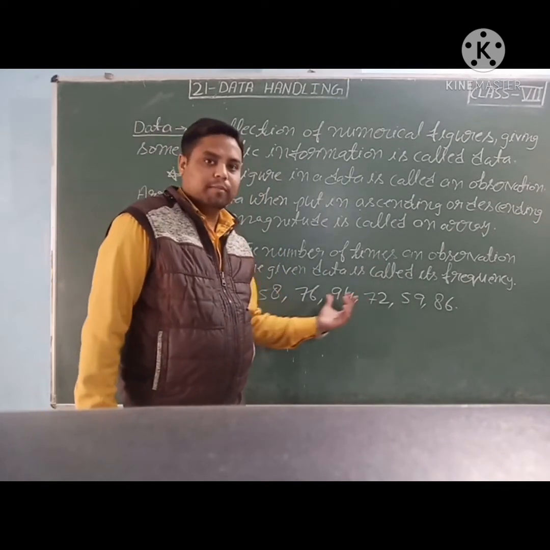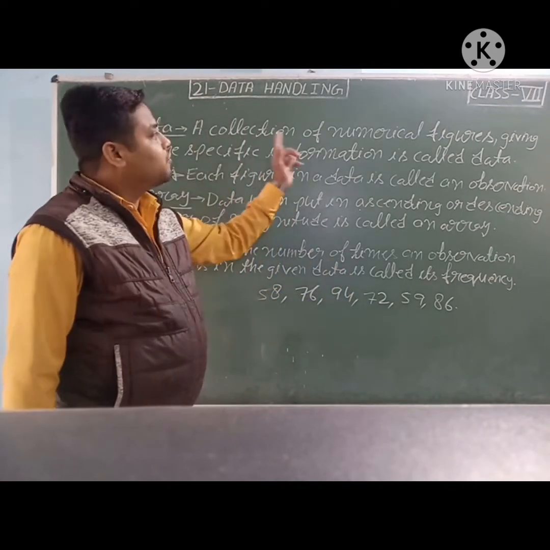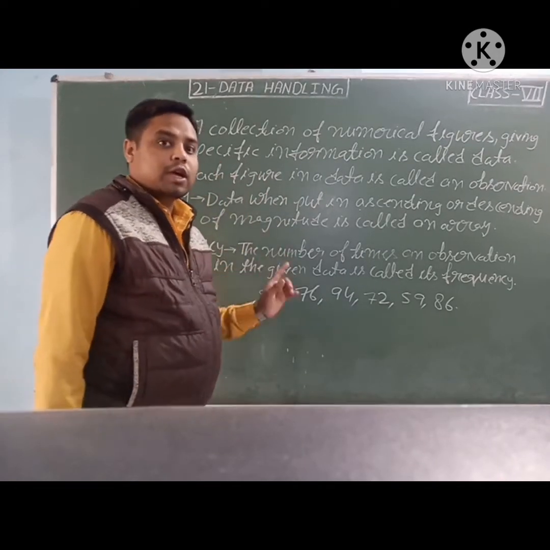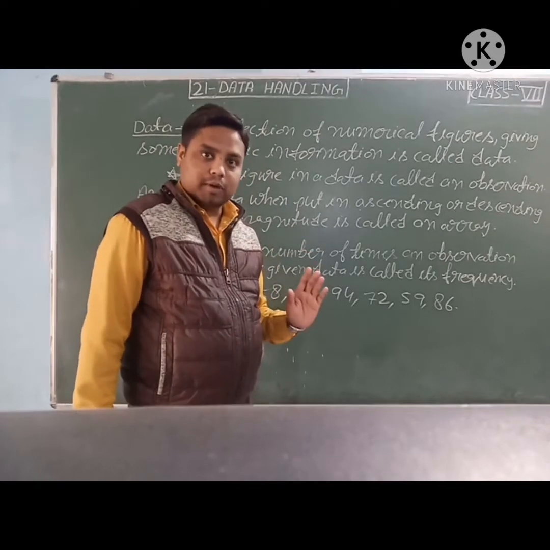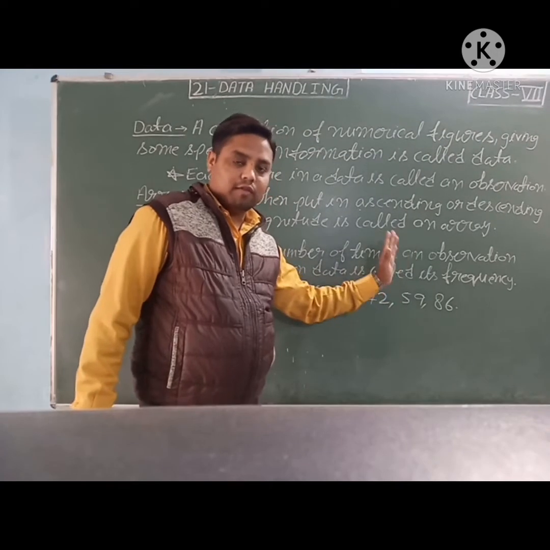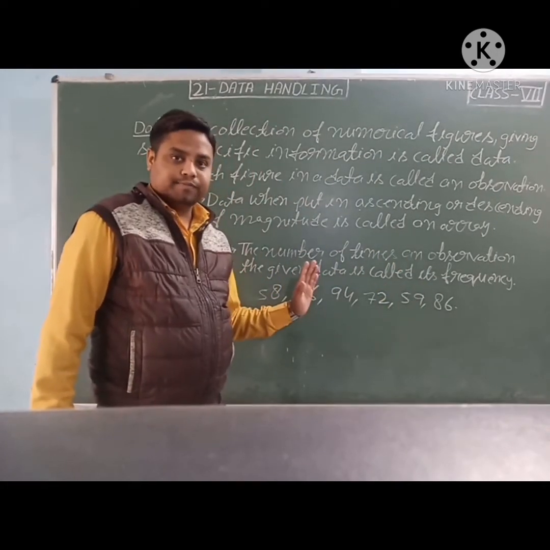No, these numbers are not a data because data is a collection of numerical figures giving some specific information. That numerical figures must give specific information. If these numbers are written without giving any specific information, then these numbers are not called data.